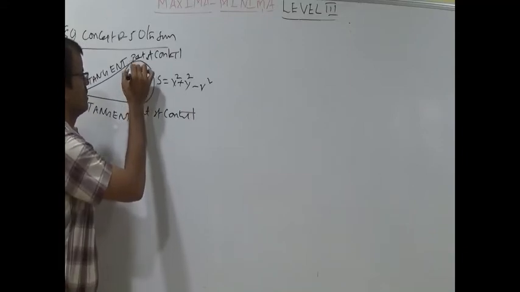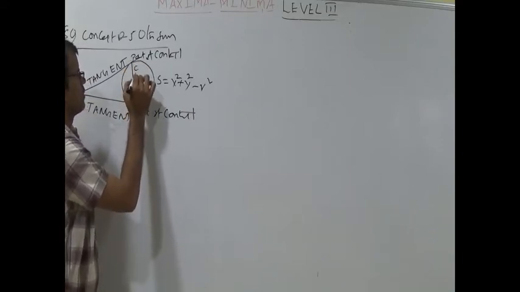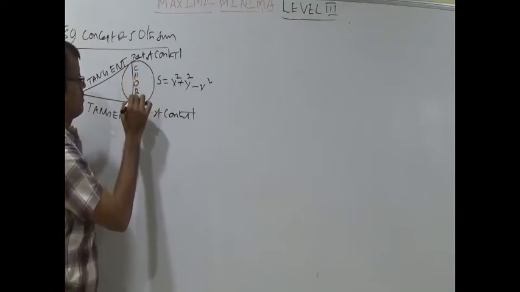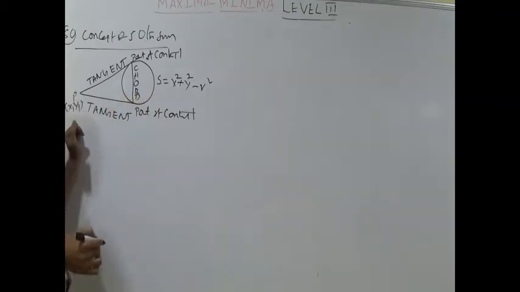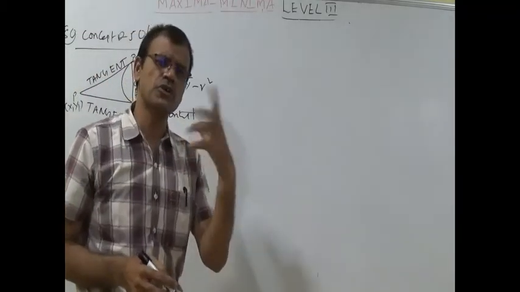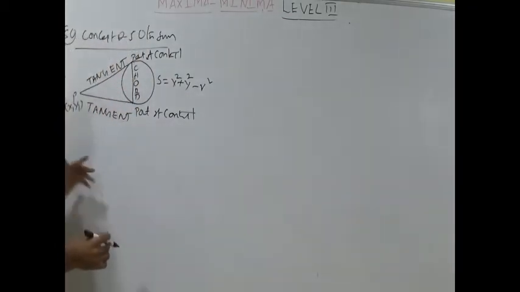This is a chord. Chord means the line segment joining 2 points. Any 2 points on the circle or any curve is called as a chord.